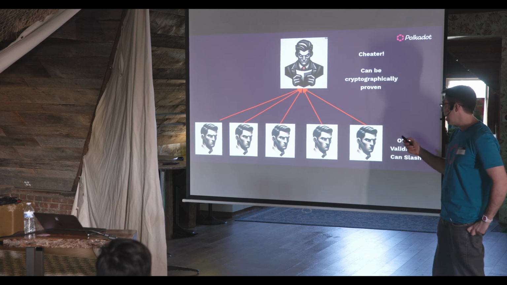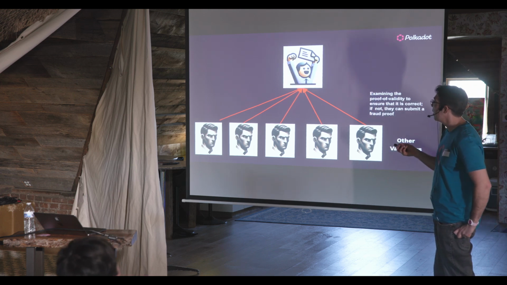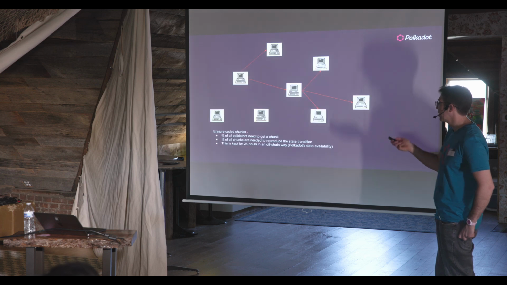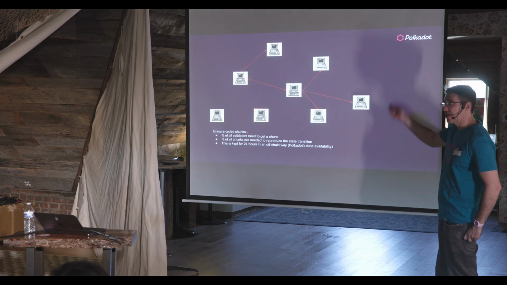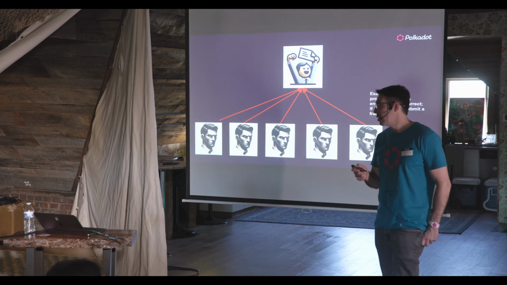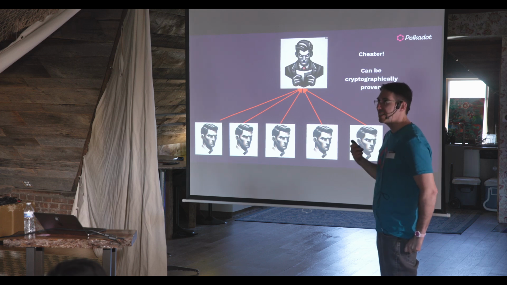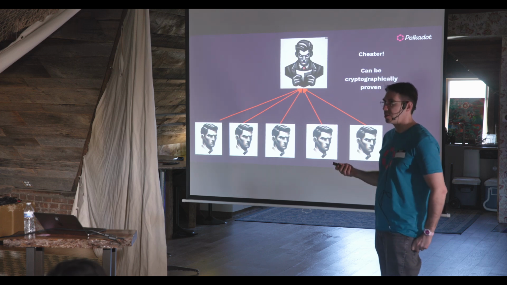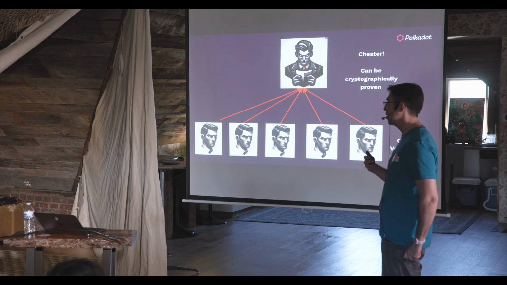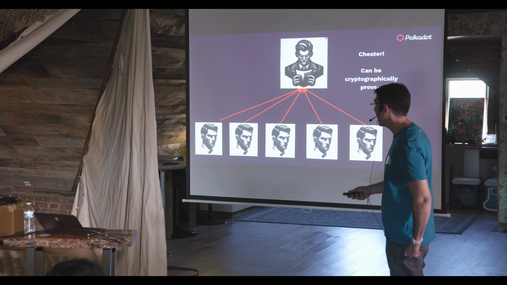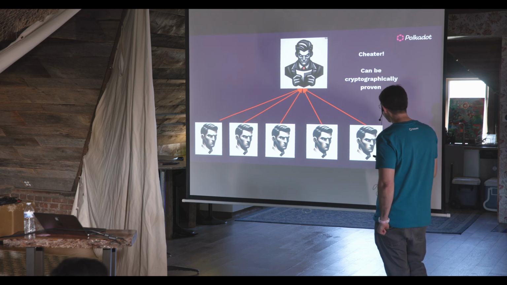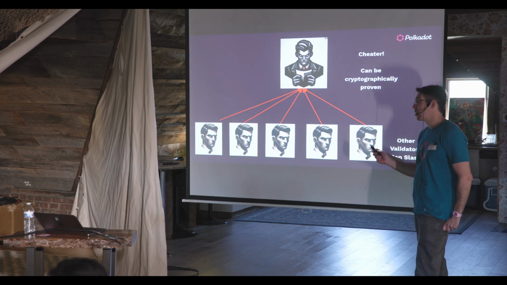So on these L2s, and I'm not going to go all the way back, you saw the whole list of L2s, generally there's no built-in incentive to issue these fraud disputes, or fraud proofs, to dispute something that's happened. With Polkadot, there really is, and it can be done automatically.